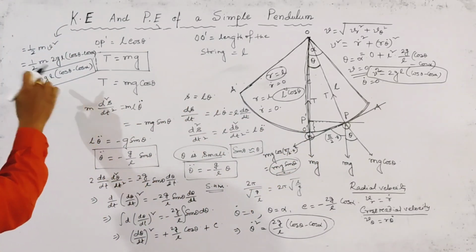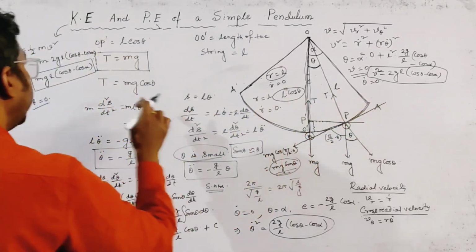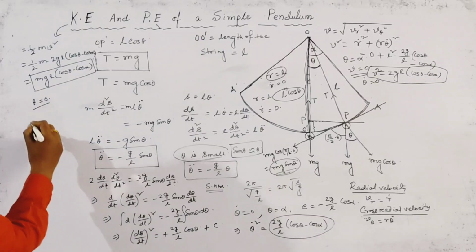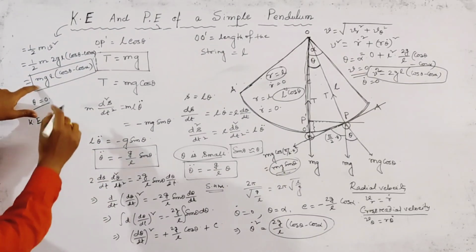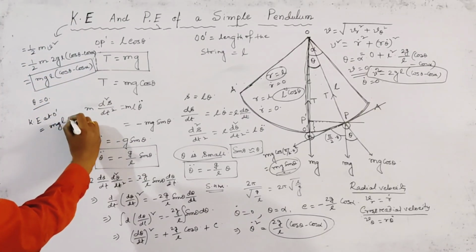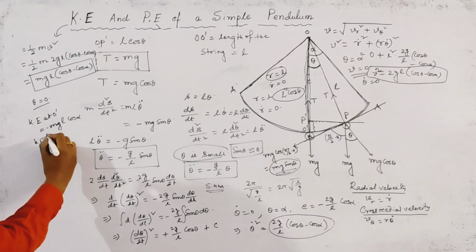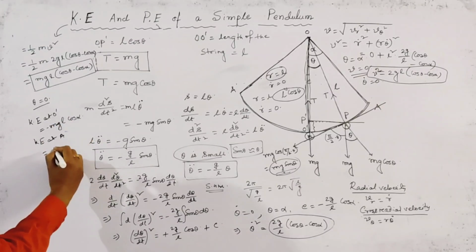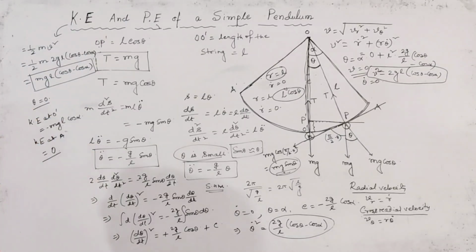And if we put theta equal to alpha, then we get the kinetic energy of the pendulum at the highest point A. Clearly, the kinetic energy at O dash, given by putting theta equal to 0, is mgL into cos alpha, with a negative sign here. And the kinetic energy at A, the highest point, given by putting theta equal to alpha, is 0.